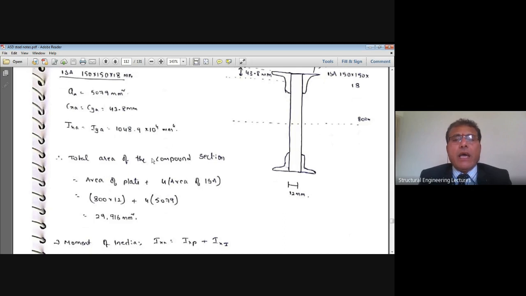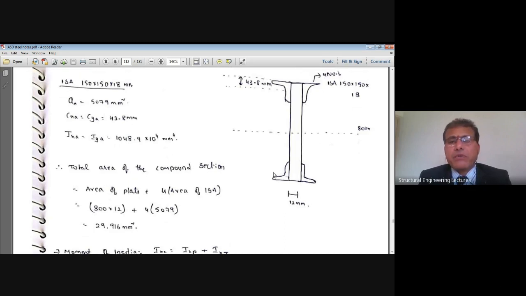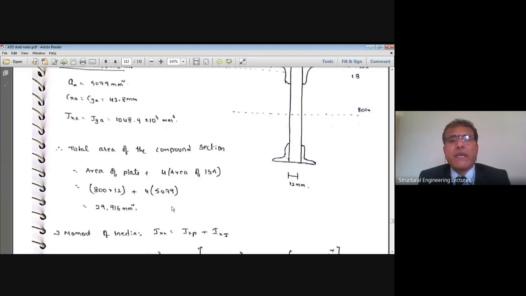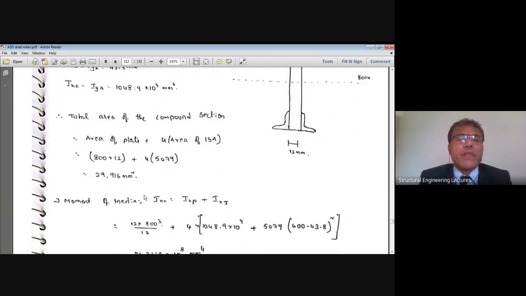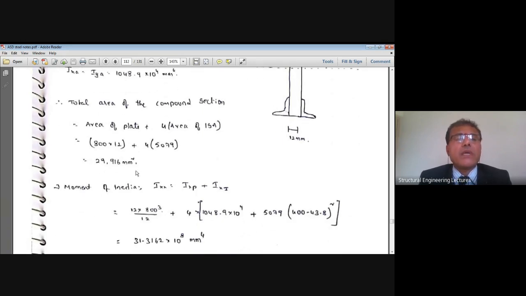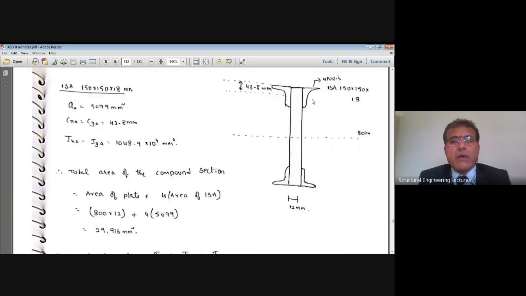Then I'll calculate the total area of this compound section as the area of this plate 800 multiplied by 12, and the areas of these four equal angles, 4 multiplied by 5079. It is now 29,916 mm square. That is the total area furnished by this proposed section.